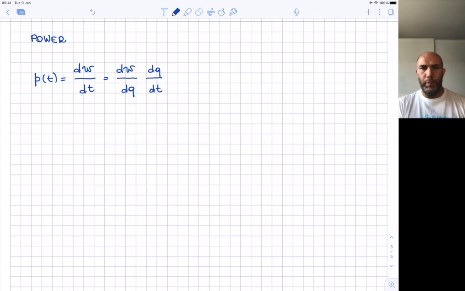With this decomposition, we can identify that the first derivative is the voltage and the second derivative is the current. So, in electric circuits, the power associated with a component is the product between the voltage and the current.